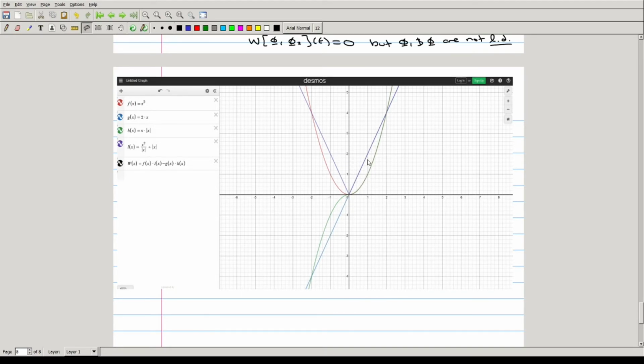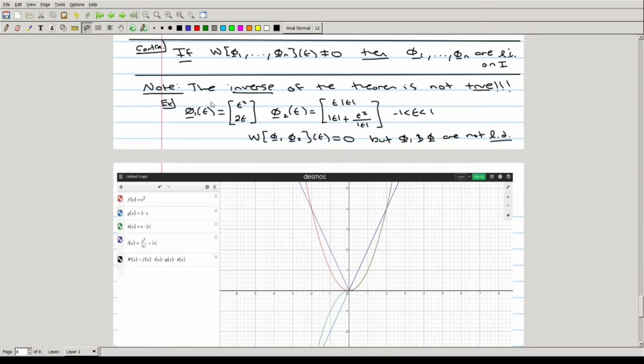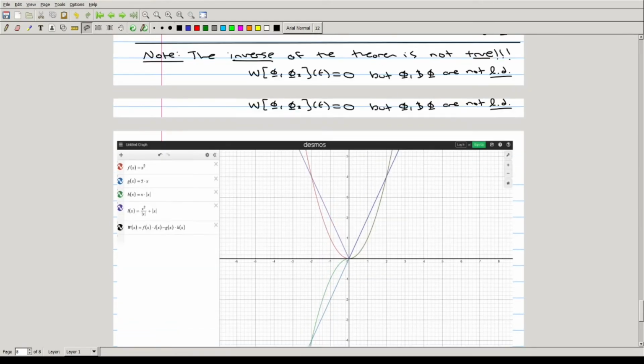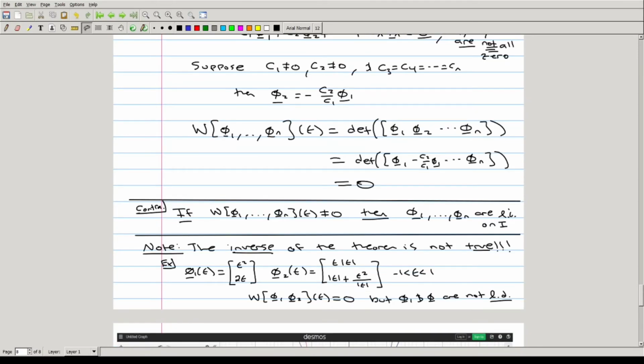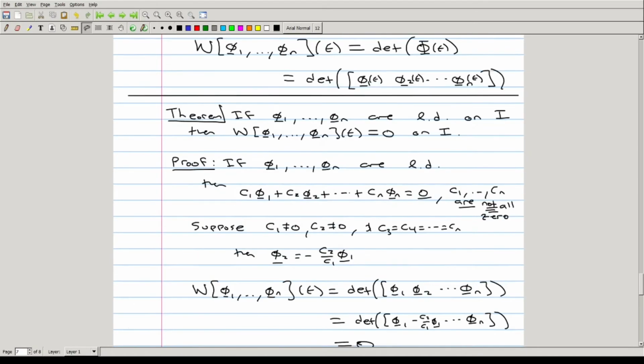If we restrict to positive t, they become linearly dependent on one another. But including negative values of t gives us a very good counterexample to the inverse of this statement in general.